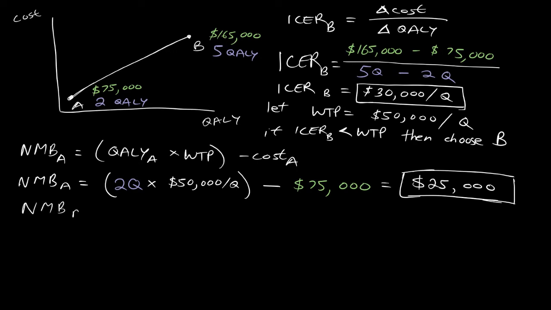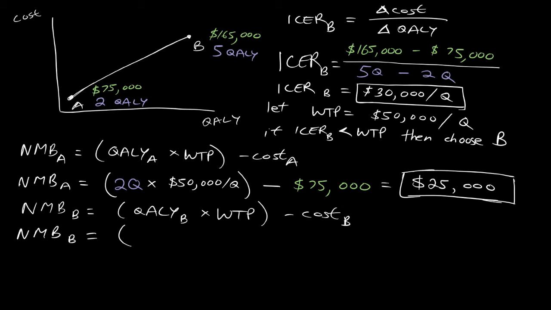So what's the net monetary benefit of drug B? Well, that's going to be the quality adjusted life years associated with drug B, quality subscript B, times willingness to pay, WTP, minus cost subscript B. Remember, the qualities will just cancel, and then the units will be dollars minus dollars, ending up in the net monetary benefit of drug B. So remember, you can see in the graph that drug B has 5 qualities, 5 Qs, associated with it.